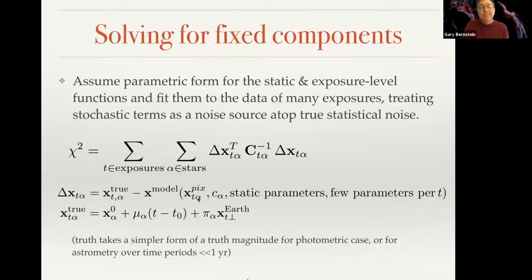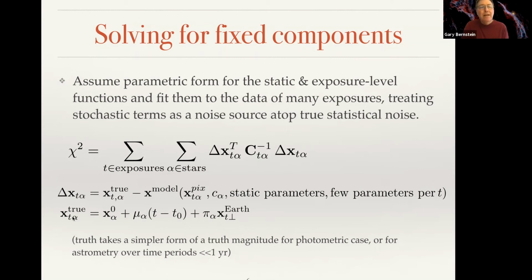And we'll do some outlier rejection. We're going to be minimizing this, so we're going to have a quadratic solution to do, which means doing a Cholesky decomposition. And that's going to be the only thing in this algorithm that does not scale linearly with the number of observations that are going into this solution.